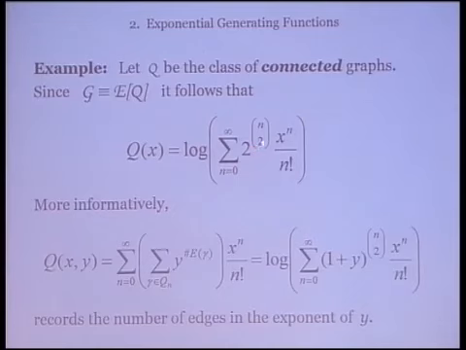Instead of having 2 to the n choose 2, if you have (1 plus y) to the n choose 2, you can interpret it as saying, for each of the n choose 2 possible pairs, take the term 1 if that pair is not an edge, take the term y if that pair is an edge, and you get, in the exponent of y, the number of edges of the graph.